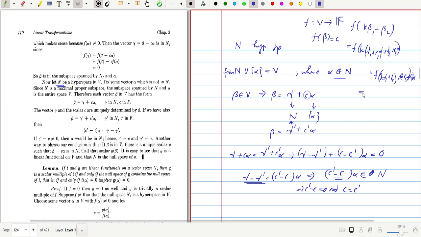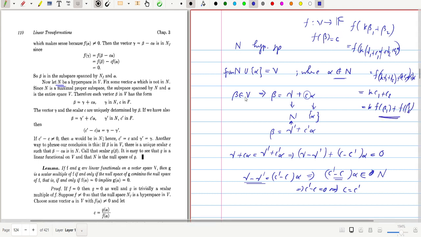So by the definition of f, this is k times C1 plus C2. Okay, so this is the same as k times f of beta 1 plus f of beta 2. So this shows that this f is a linear transformation.